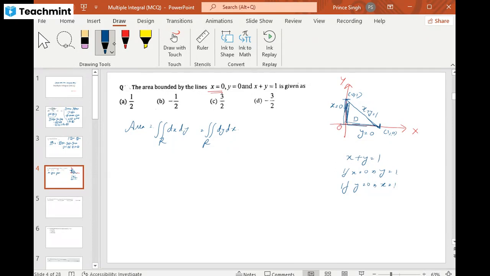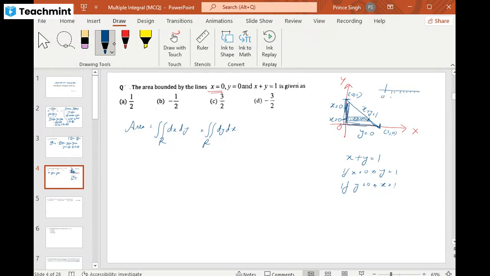Then the value of x starts from this line, which is x equal to 0, and ends at this line, which is x plus y equal to 1. Basically, we are considering the limit of x because horizontally the value of x moves from left to right, as x is increasing in this particular direction.